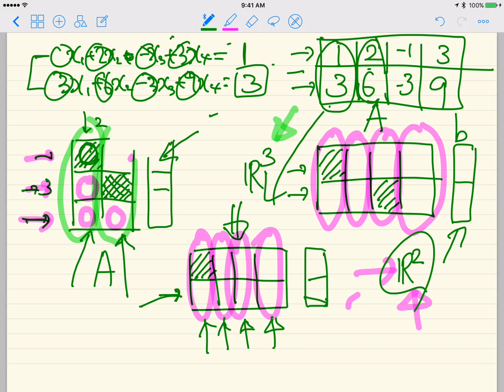Let's remember some other things as well. This is a kind of fortunate case where we have a solution, and then let me ask another question. Do we have a single solution, I mean a unique solution, or only one solution, or infinitely many solutions?